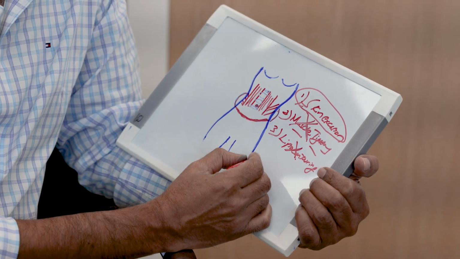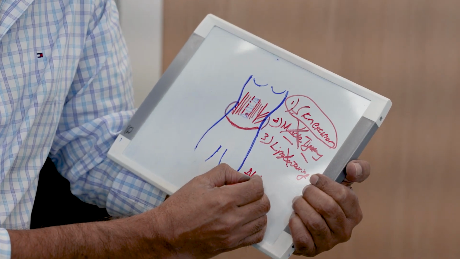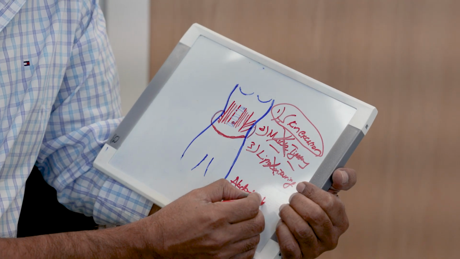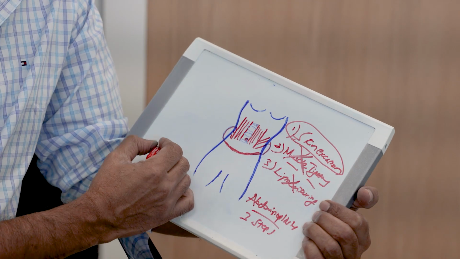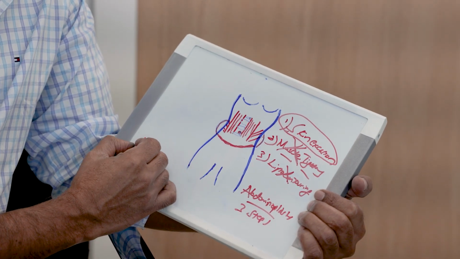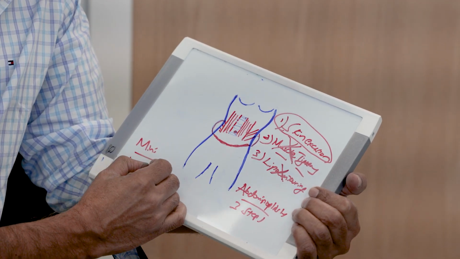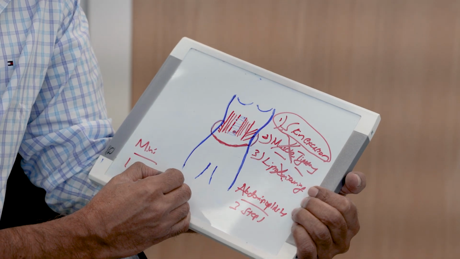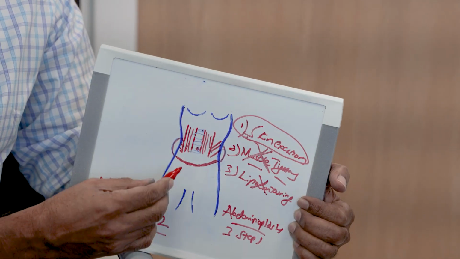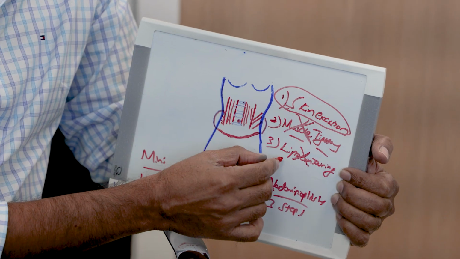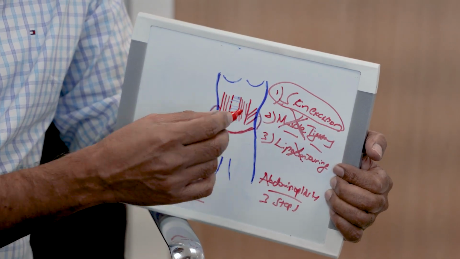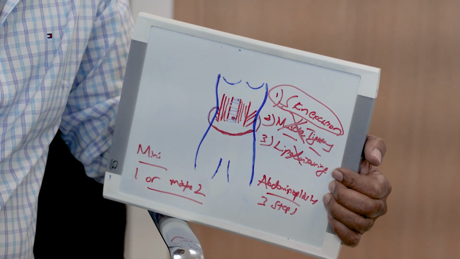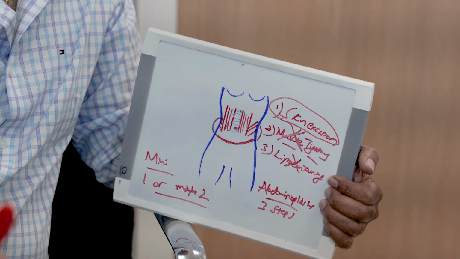So abdominoplasty has three steps. A mini has one or maybe two steps, right? So skin excision and maybe some contouring, but not too much like in a traditional abdominoplasty, right?